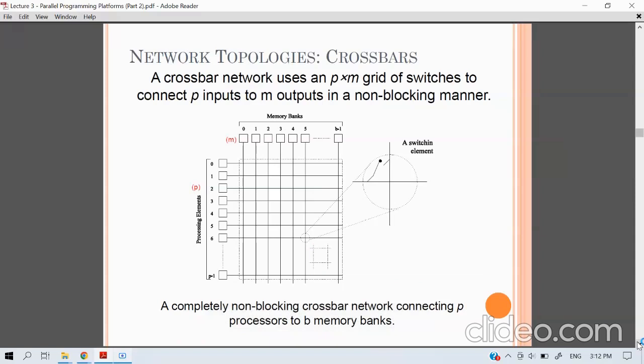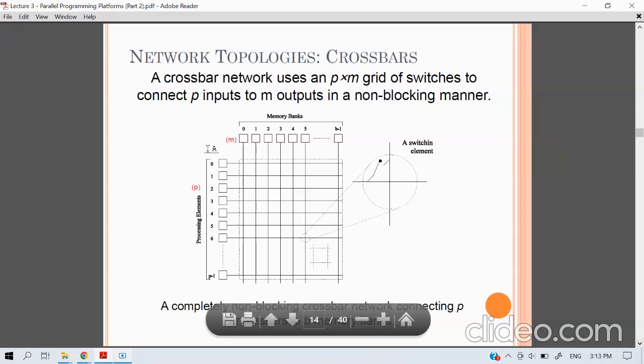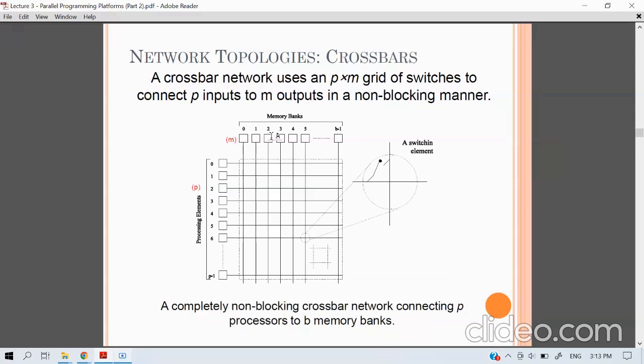Okay, so the next one is called crossbars. A crossbar network uses a P multiply M grid of switches to connect P inputs to M outputs. This is the input, and then this is the output, processor and also the memory, in a non-blocking manner.